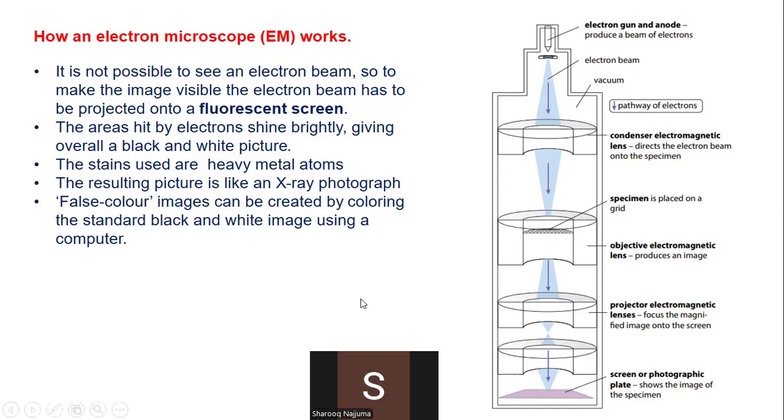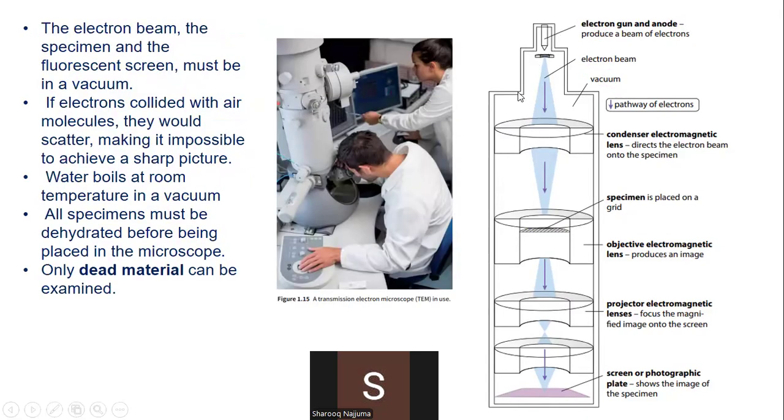Number one, if you look at electrons, if they are moving, if there were air particles, the air particles would collide with the electrons and prevent electrons from being focused. That is why there should be a vacuum so that the electrons are focused without any collision with air molecules.